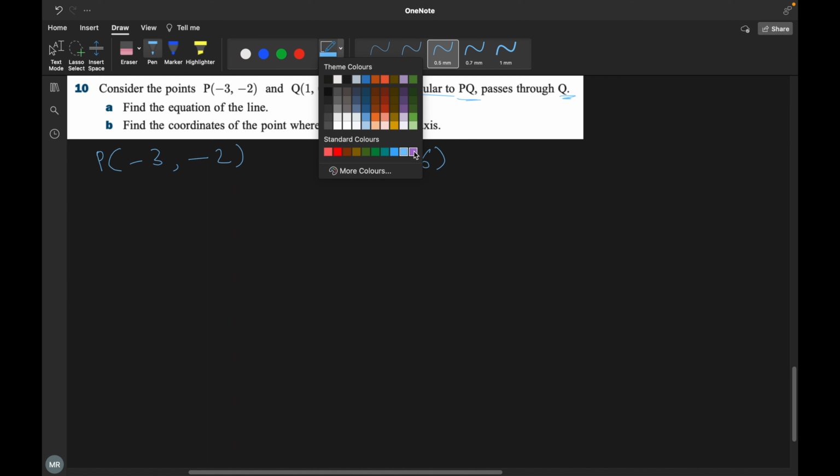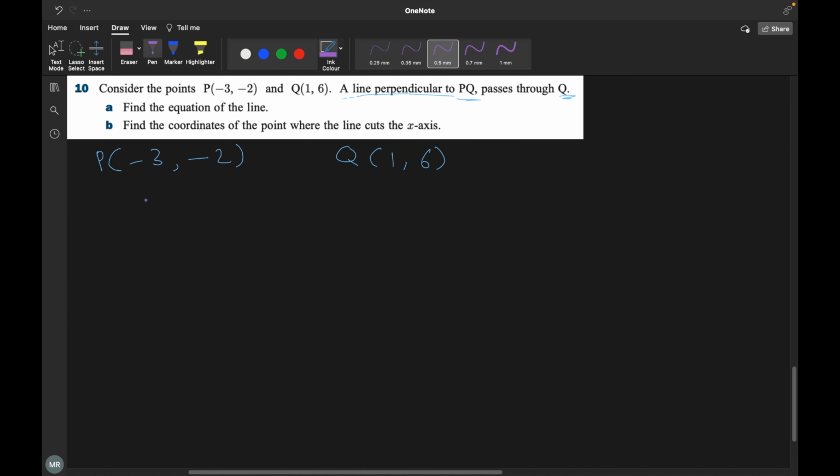Okay, so now let's find the gradient. So the gradient would be 6 minus negative 2 divided by 1 minus negative 3. So that's 8 by 4, which is 2. So now that we have 2, we have to find the negative reciprocal in order to find the gradient of the line we're trying to find.